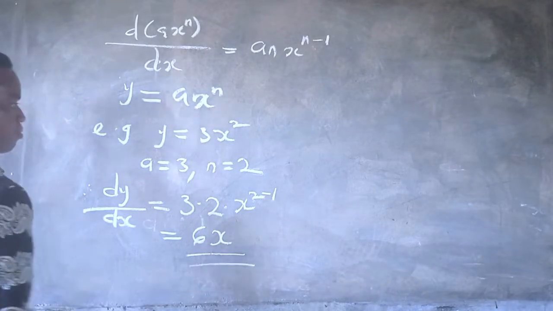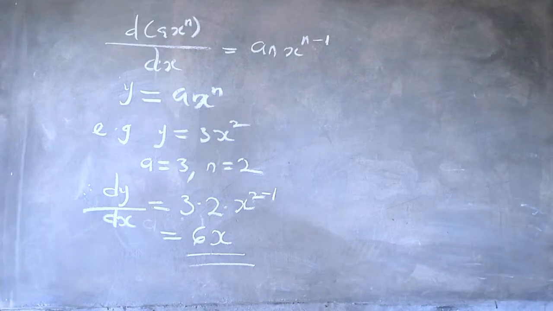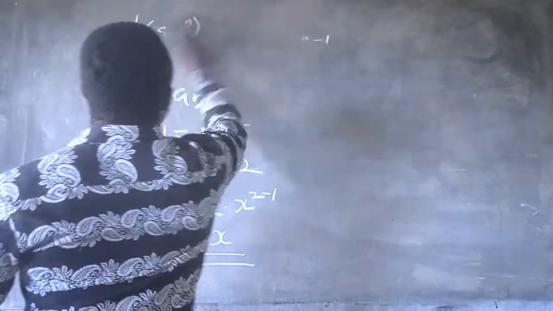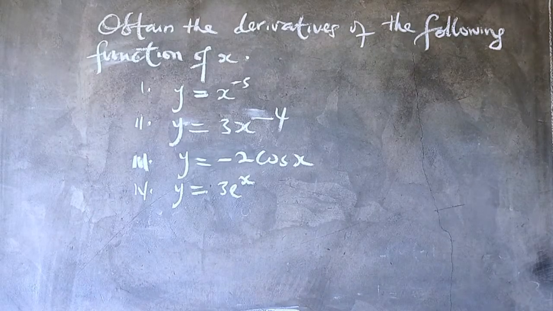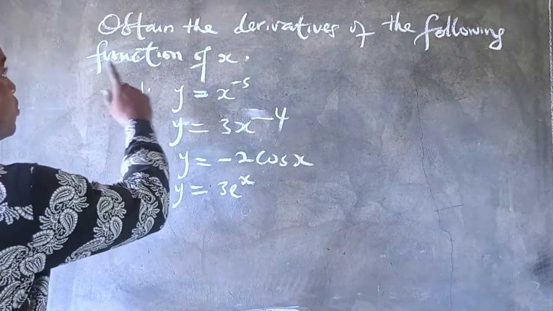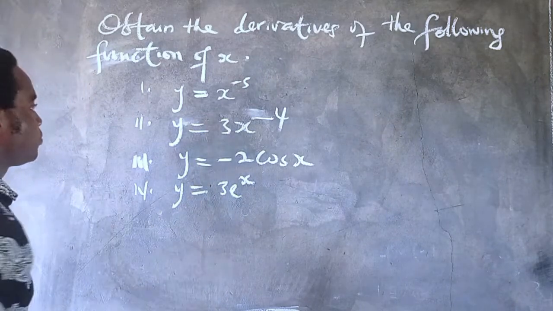So there you have it. That is 6x. The derivative of y equals 3x raised to the power 2 is 6x. Okay. Let's go on and see another one. You can pause the video and see if you can find the differential coefficients of all these functions.